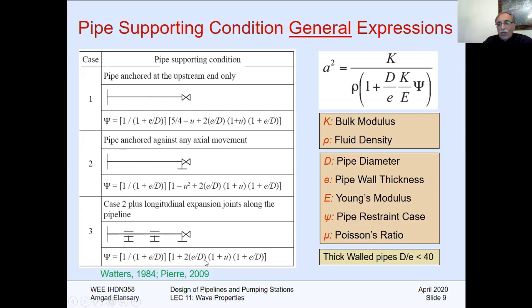in this form here. Again, this is the general expression. You can use it for any thickness, but especially for thick wall, we need to use this one. Thick wall means D/e less than 40, and you can find this in Wylie and Streeter's 1984 book.